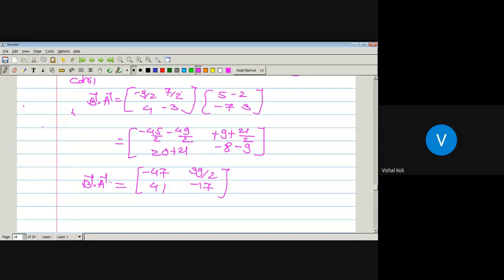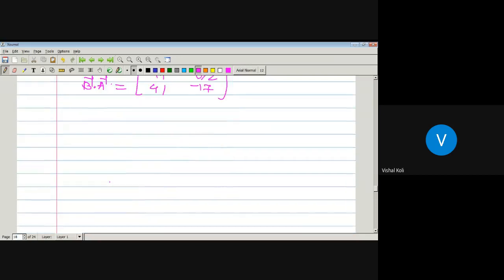Now we have to find out A into B inverse. For that, first we have to find out A into B. So consider A into B. What is matrix A? Matrix A is 3, 2, 7, 5, and B is 6, 7, 8, 9.